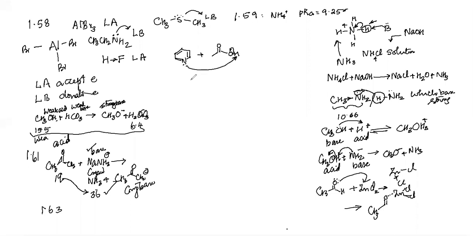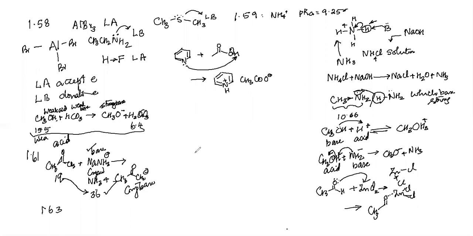So this is going to be the product: H with a positive charge on the nitrogen, and CH3COO minus. This is pyridinium acetate, so that is the product. And this is the direction of the electron flow.